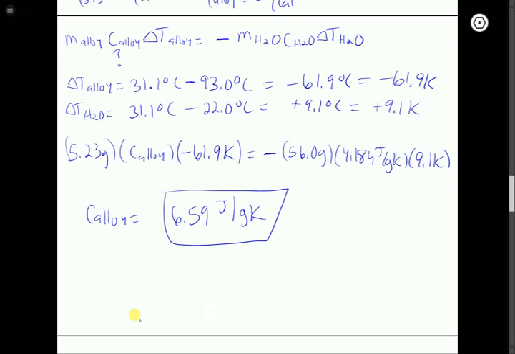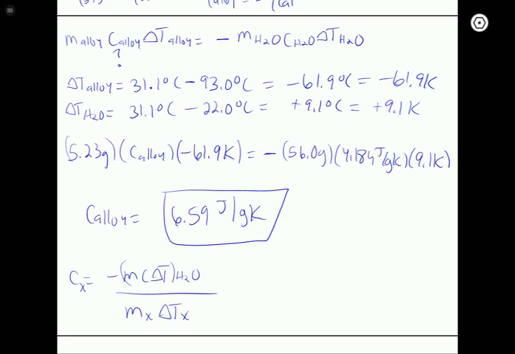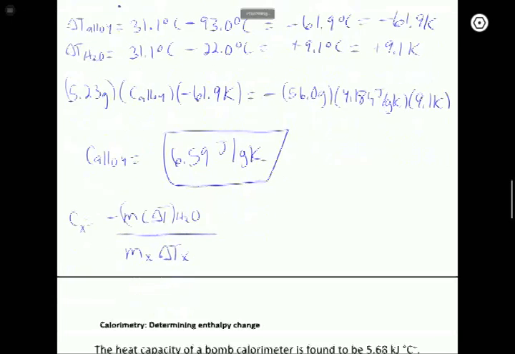The heat capacity is equal to minus MC delta T for the water divided by the mass of your object, we'll call that X, times its delta T. So this is a general equation, but it comes from just setting the two heat terms equal to each other and opposite in sign. So this is what we get for the heat capacity of our alloy, and this is a pretty standard calorimetry problem we want to become familiar with.